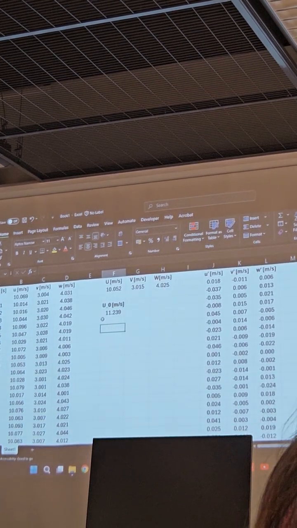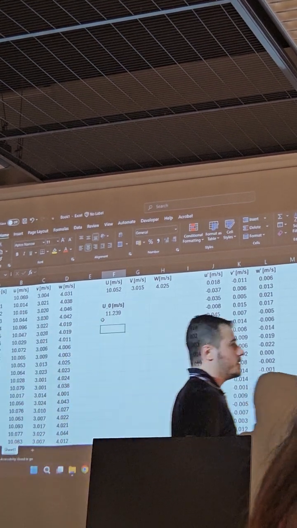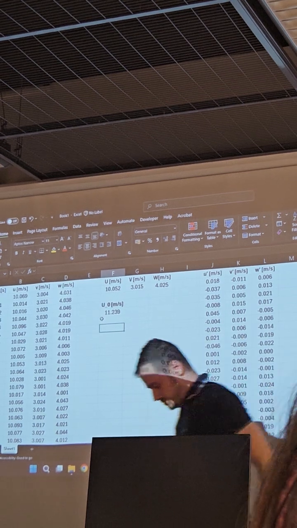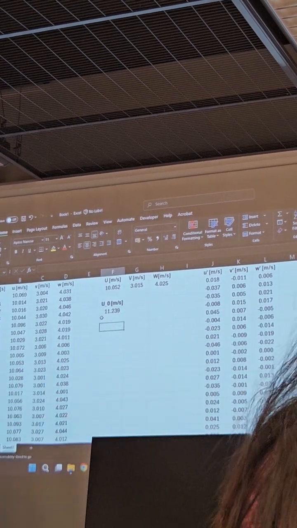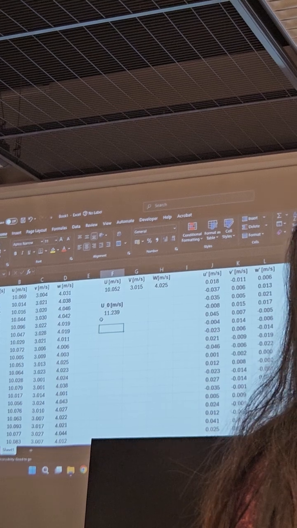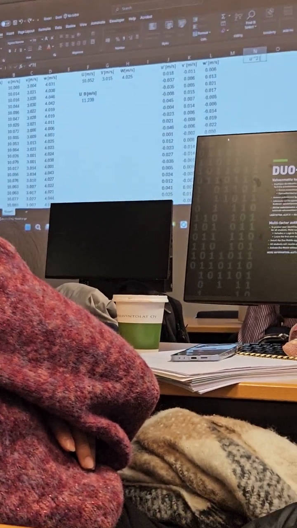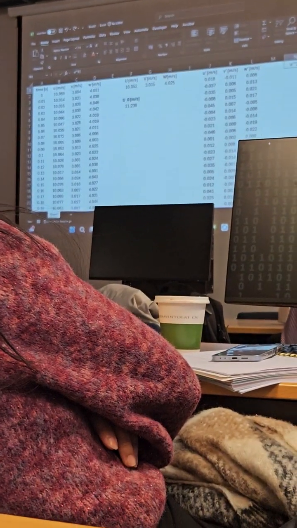So, for calculating relative intensities, we need the time average of these to the power of 2. So what we need to do first is to calculate U prime to the power of 2. This is going to be meter square over second square, which is also joule per kilogram.